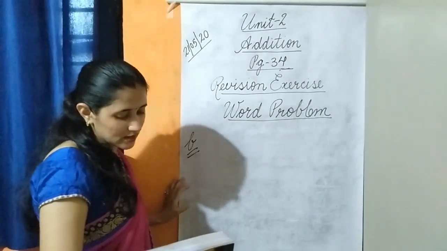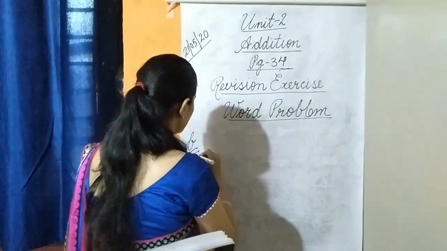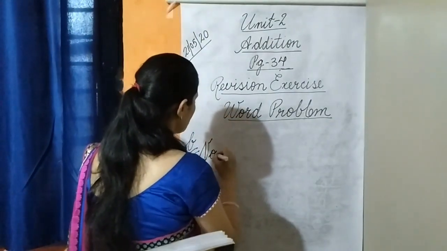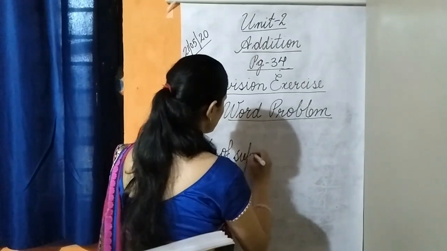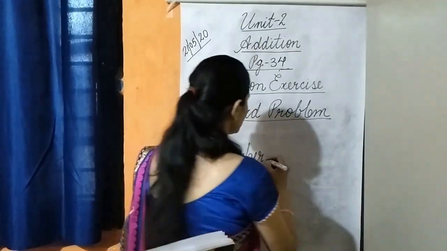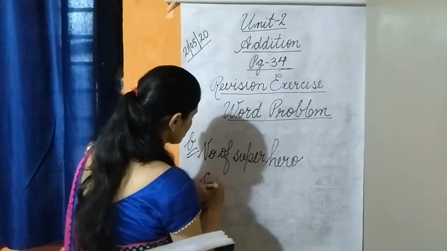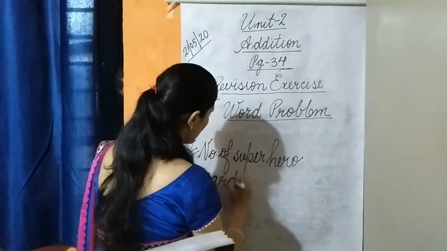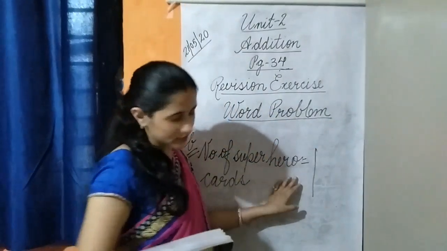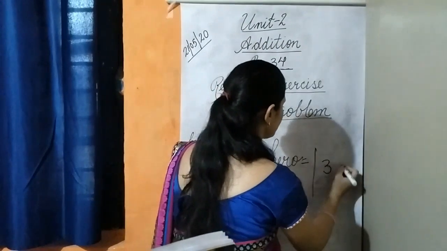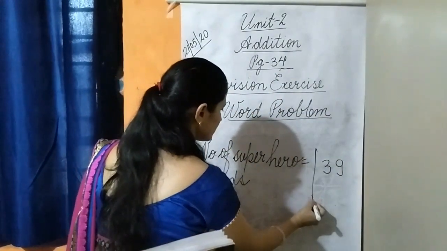Okay, Peter has 39 superhero cards. Okay, so number of superhero cards are 39, and then number of cartoon cards.